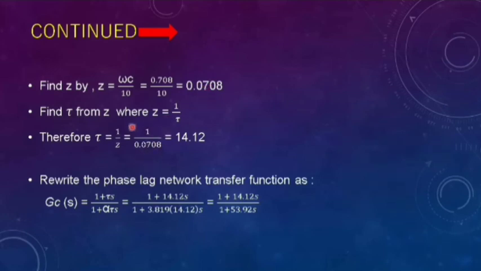Substituting into the tau formula, which is 1 over z, we get the value of tau, which is 14.12. Then we can substitute the value of tau and alpha into the GC(s) formula, and obtain our phase lag network transfer function, which is 1 plus 14.12 s over 1 plus 53.92 s.